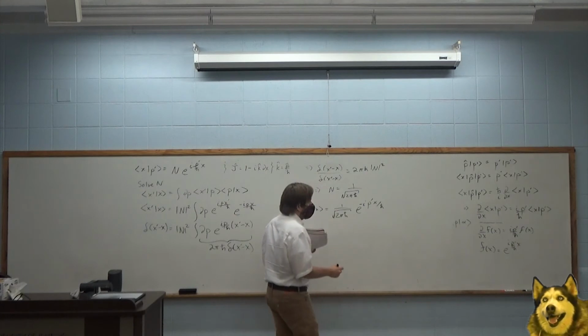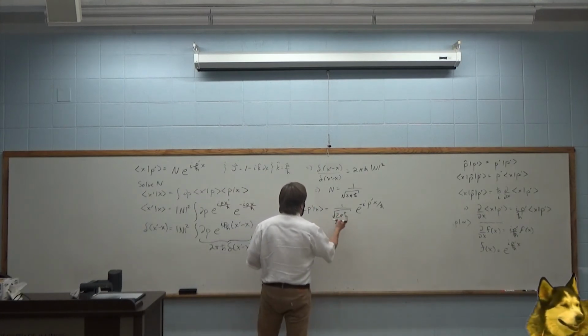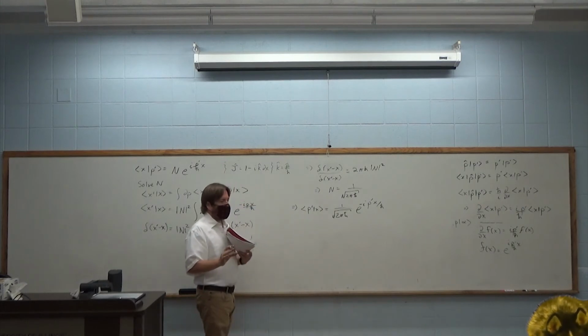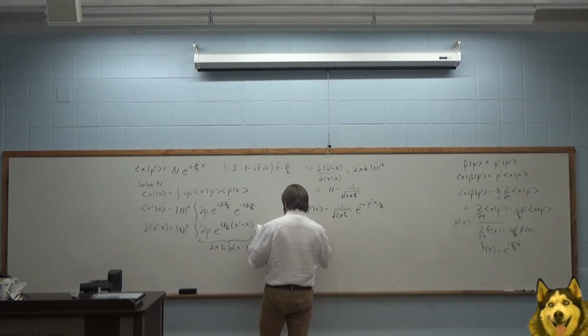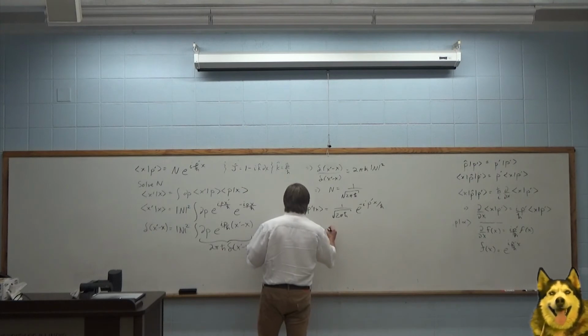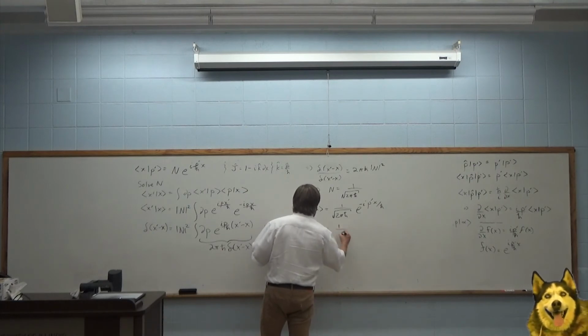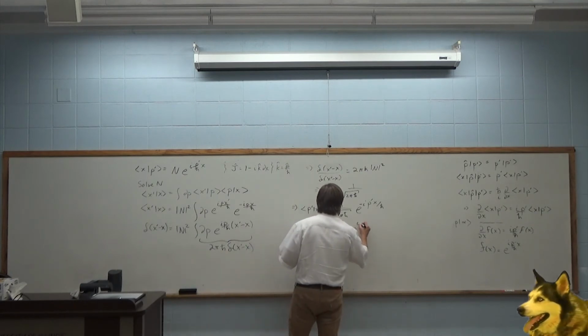That would be going from x to p, which is what you're going to want to do more often than not. You have to have p to begin with and convert to x. It's just a complex conjugate. And this is actually what we already solved.